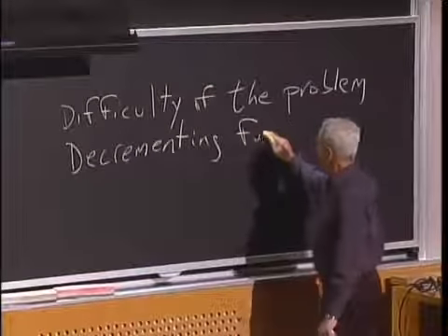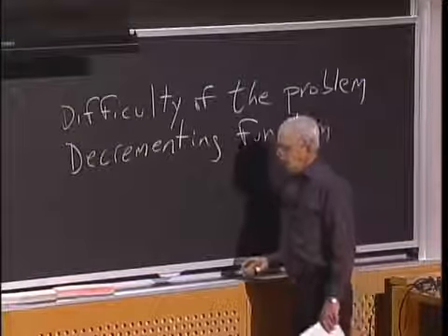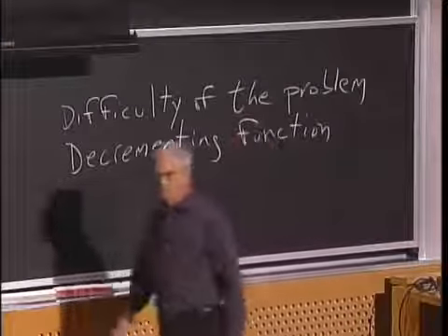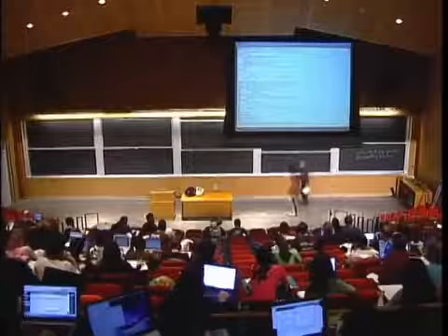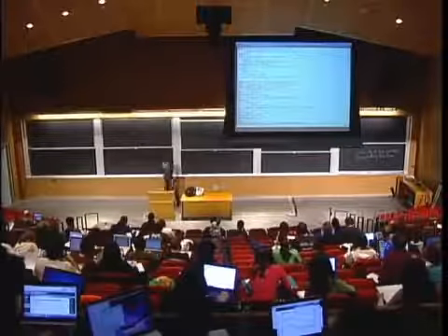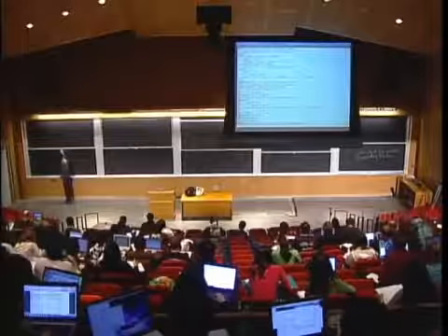And every time I write a loop, I think about one of these, because that explains to me why the loop is guaranteed to terminate. We'll go over here where we have a bigger board and look at the properties that a decrementing function needs to have.